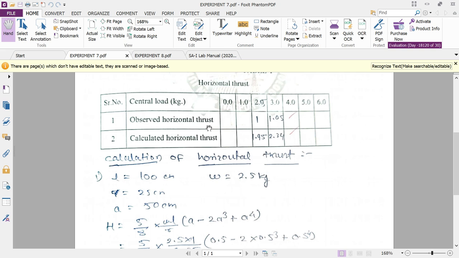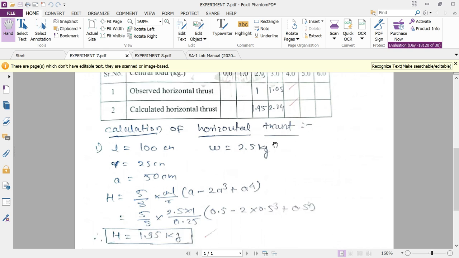So observe horizontal thrust at the load of 2.5 kg is 1 and 1.05, and calculated horizontal thrust is 1.95 and 2.34. So let us see how to calculate this horizontal thrust manually, because one value is obtained as an experimental value and the second value is obtained as a theoretical value.